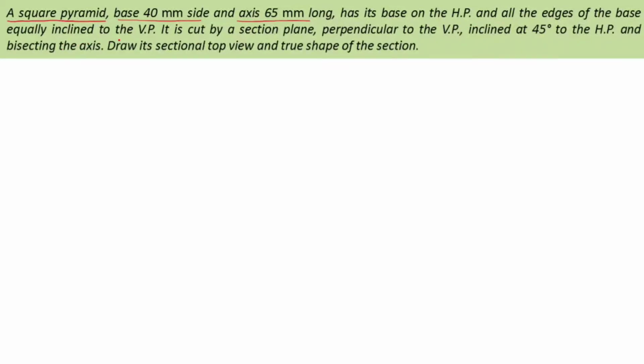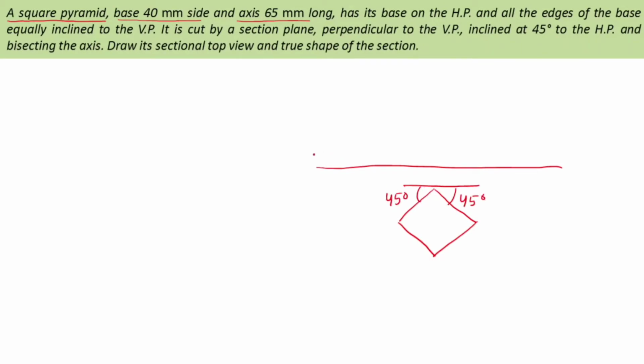equally inclined to the VP. And what is the meaning of equally inclined? Equally inclined means in the top view our pyramid is equally inclined, which means that all sides are inclined at 45 degree to the VP, and in the top view we can see that. This is my reference line xy, with respect to which we draw all the problems.